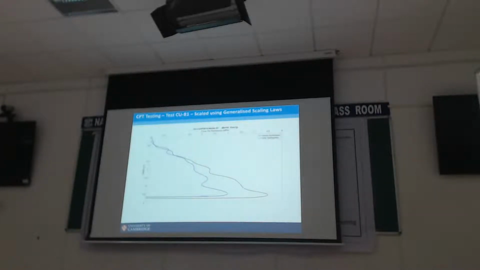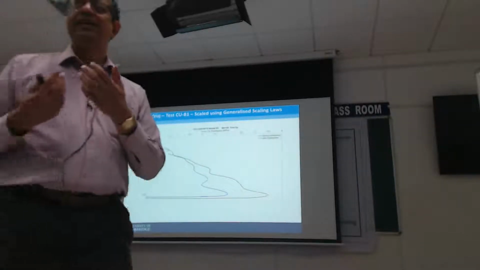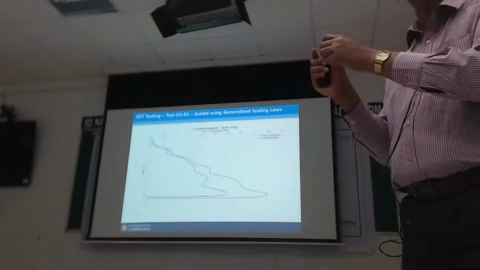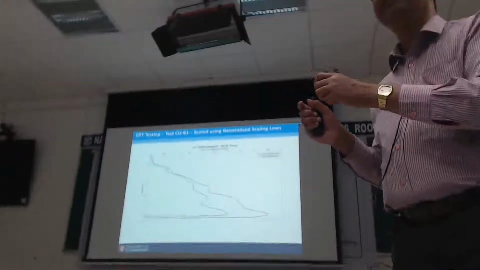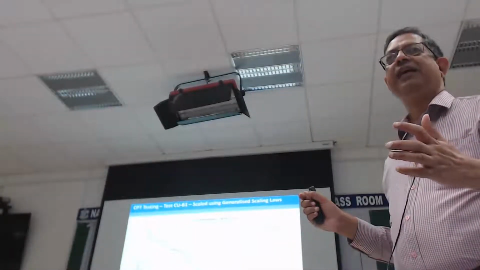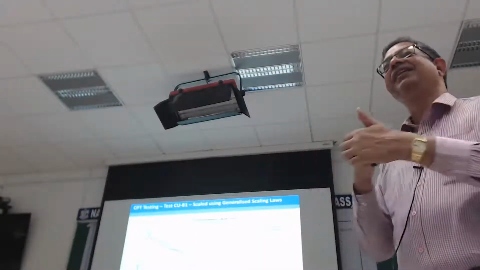For the 1G test, it's pushing the other way and pushing it way further, which means that something, well, the scaling law we are using for stress is not right. Agree? It pushes the things in the wrong direction.